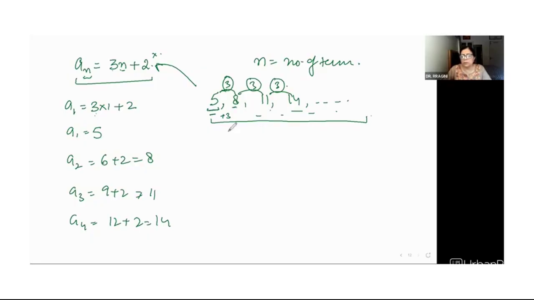Such a sequence where this is A1, A2, A3, A4, where A2 minus A1 is equal to A3 minus A2 is equal to A4 minus A3, right? So when we have terms of a sequence such that the difference between any two consecutive terms is the same throughout, it is called an arithmetic progression.